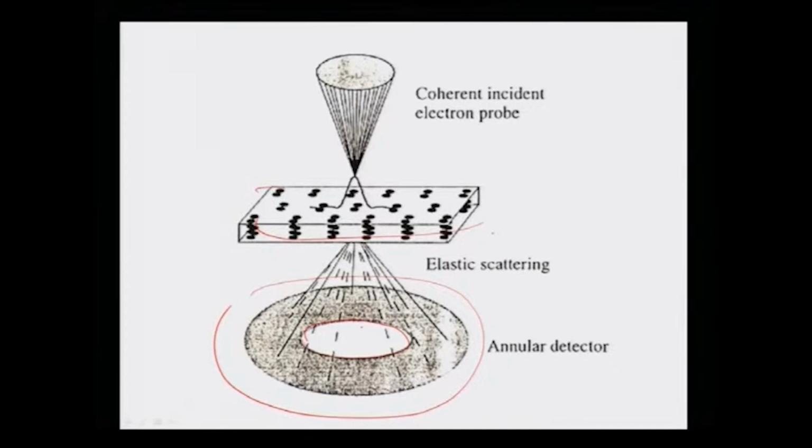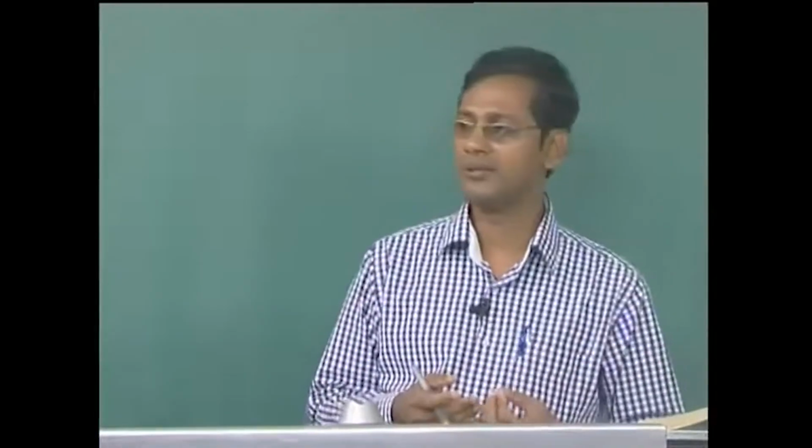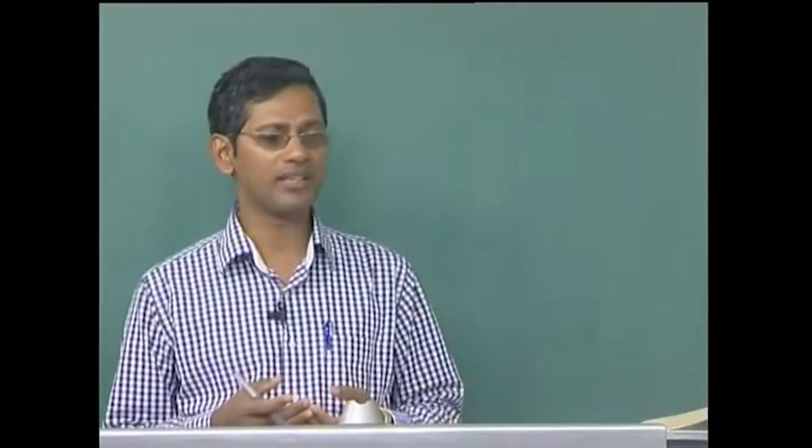If we put these detectors at a high angle, not very high, remember that in electron diffraction the scattering happens at small angles, maybe 1 or 2 microradians. So high angle means of that nature, not 20, 30, 40 radians or so, no.